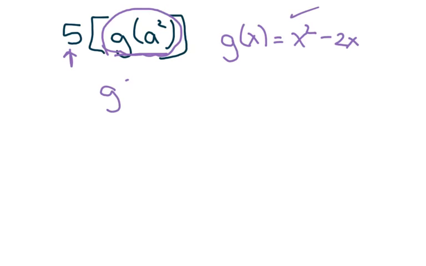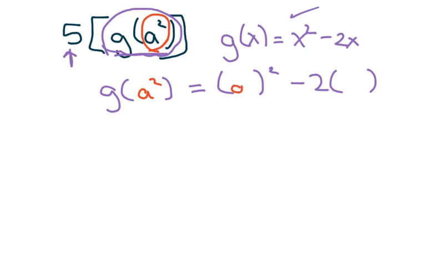So everywhere there's x, just leave it blank and put parentheses. I'll put the square outside here, minus 2 times this. I'm going to dump in a squared. So a squared, everywhere there's an x. And evaluate. So this equals a to the 4th minus 2a squared.